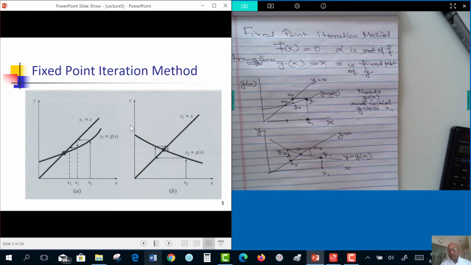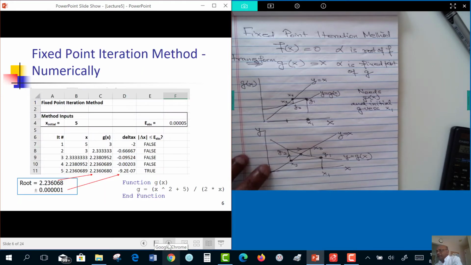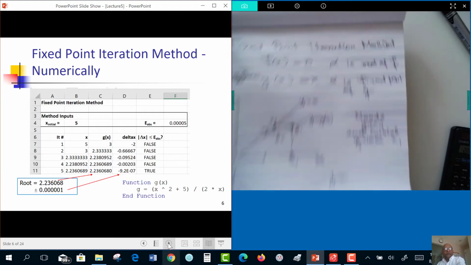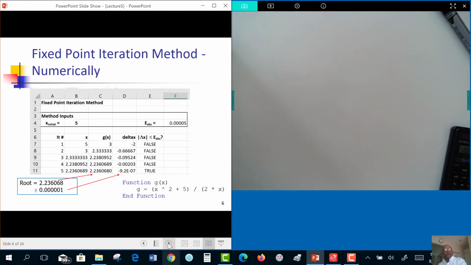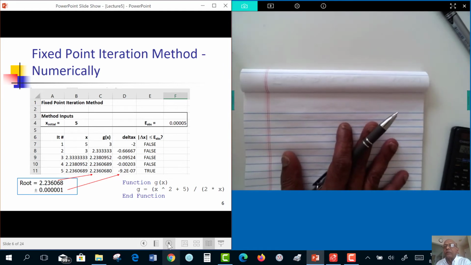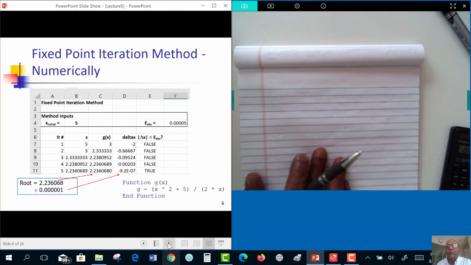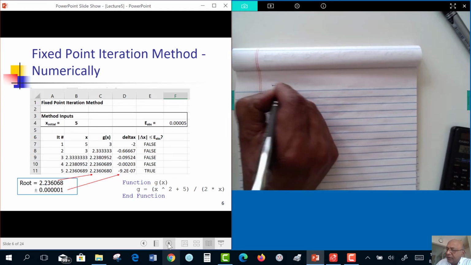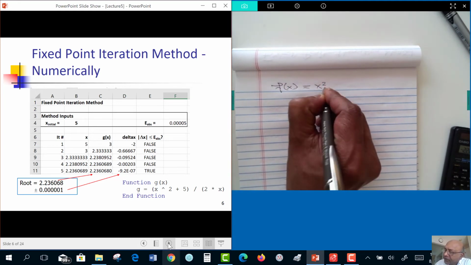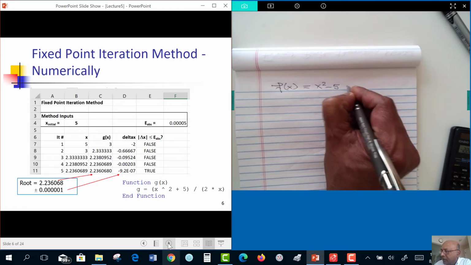So let's see how this works for our example problem. So our function is x squared minus 5 is equal to 0.